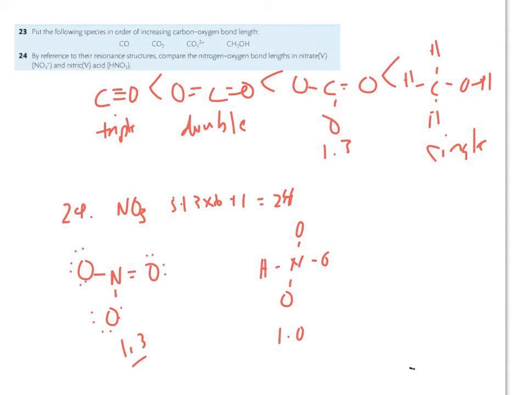Whereas once that nitrate bonds with hydrogen, now there's no longer a double bond anywhere in the structure, so it's just a single bond. So the nitrate is going to have a slightly longer bond than the nitric acid.